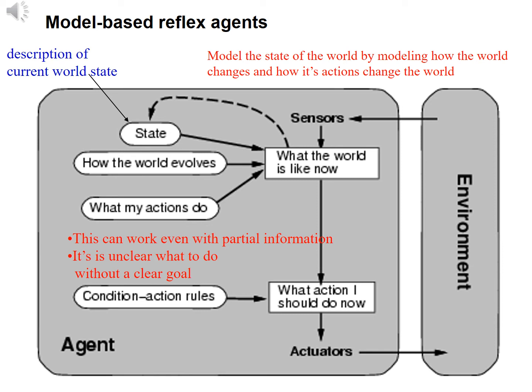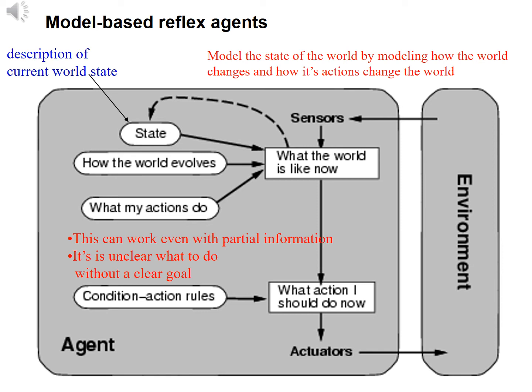So it is going to have some kind of state within its architecture, which is basically going to help it understand how the world evolves. So it is going to have some knowledge of how the world evolves, what its actions do, what the state is right now, and what the world is like now.